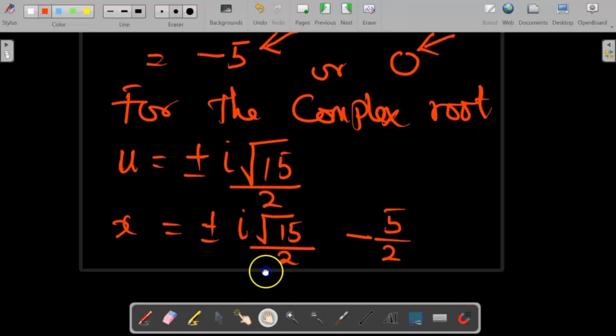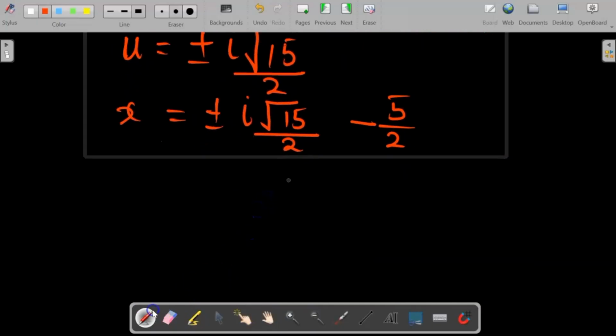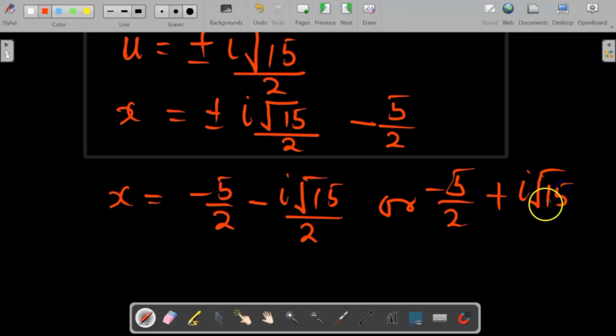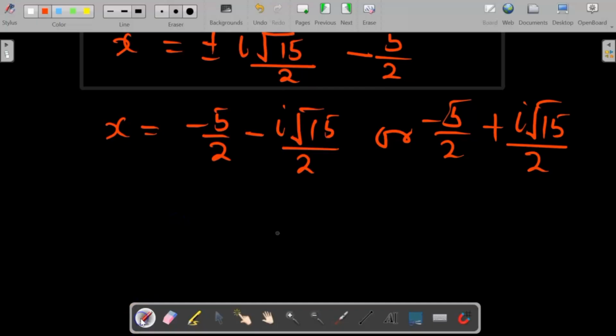So this one is simply x is equal to minus 5 over 2 minus i root 15 over 2, or minus 5 over 2 plus i root 15 over 2.